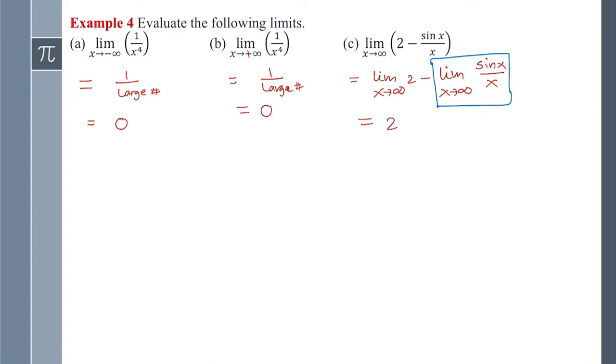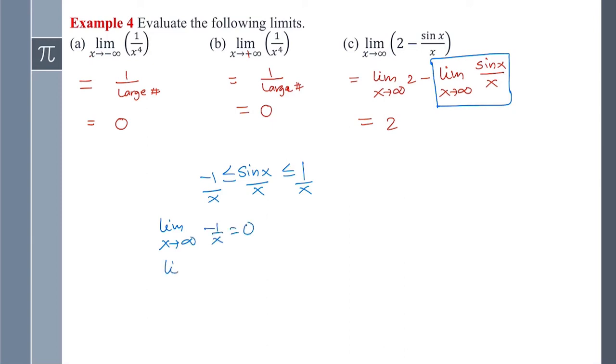So this is sine x over x. We know that sine x is between -1 and 1. If we divide by x, which we can do because x approaching infinity means it's a positive number, we can divide by a positive number in an inequality. The limit of the left hand side, the limit as x approaches infinity of -1 over x, is 0.